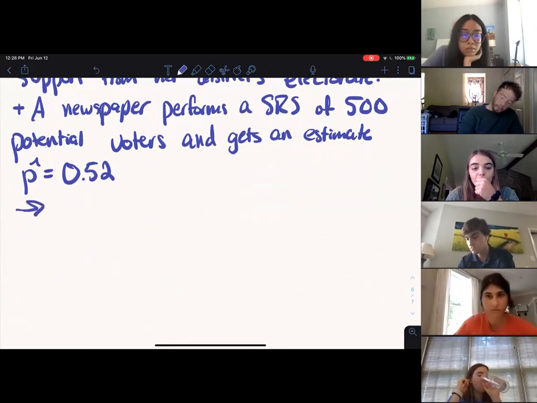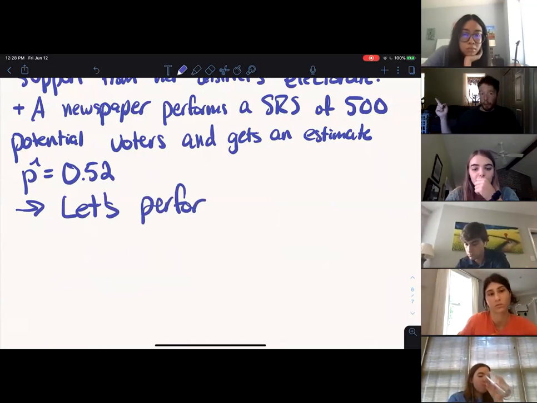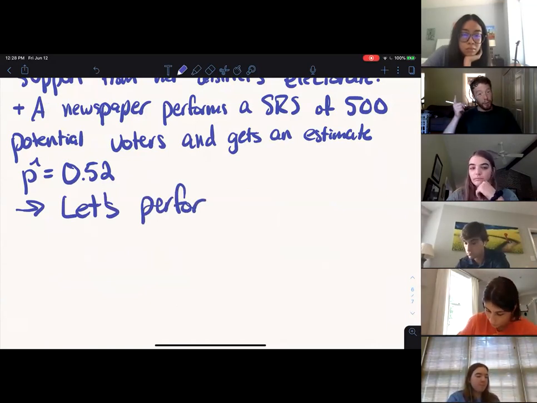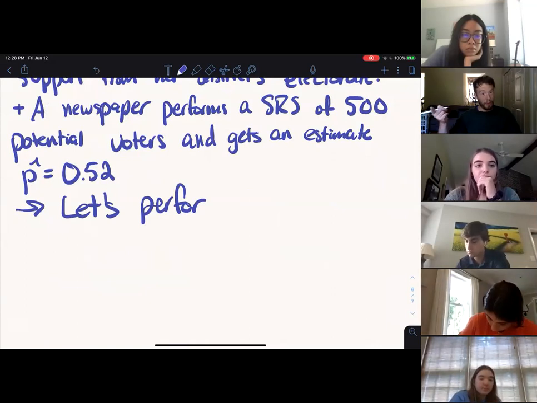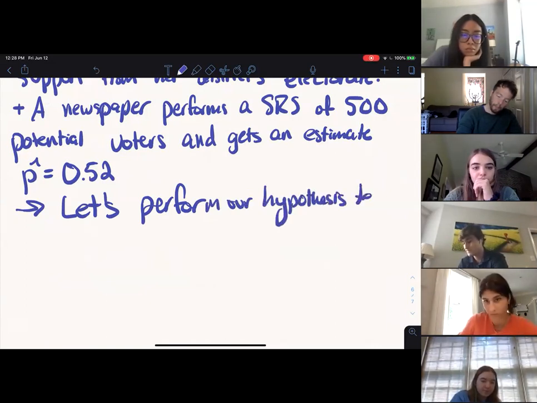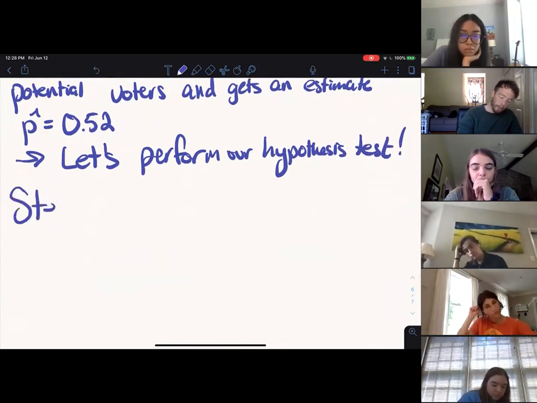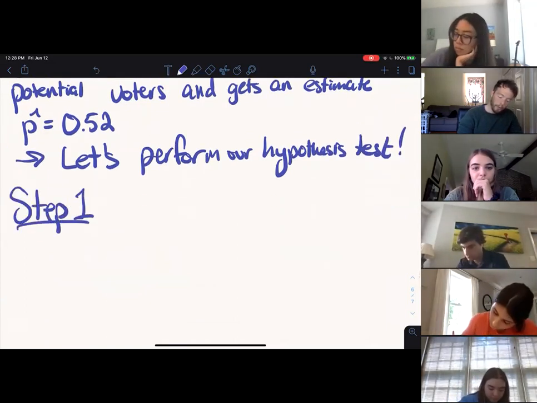So let's perform a hypothesis test. The question is, if we had every single person in the district, is the true proportion greater than 50%? Our first step is we would frame this in terms of our null and our alternative hypothesis.